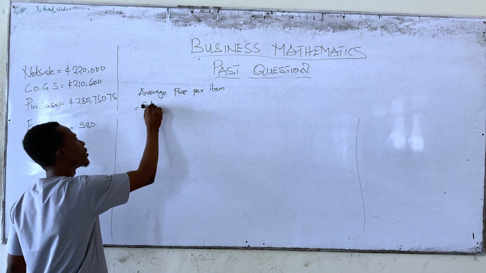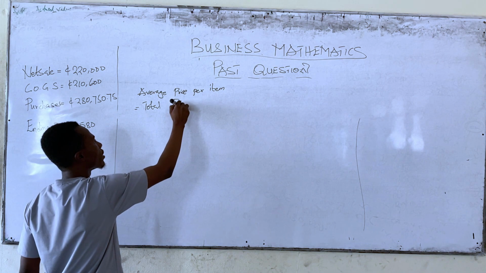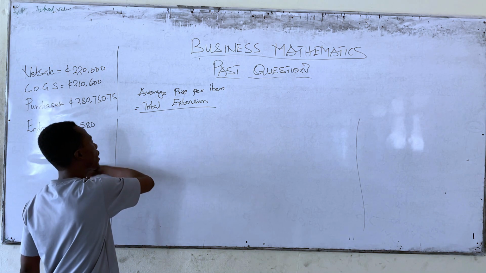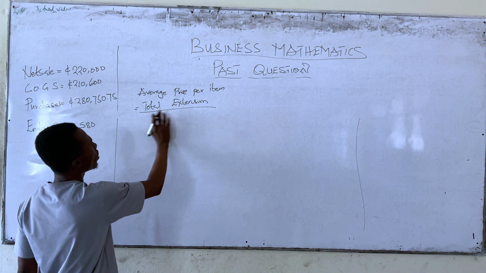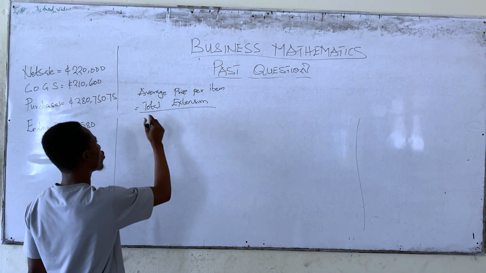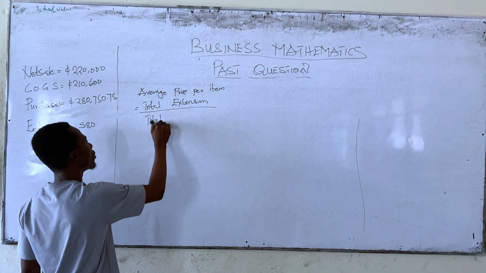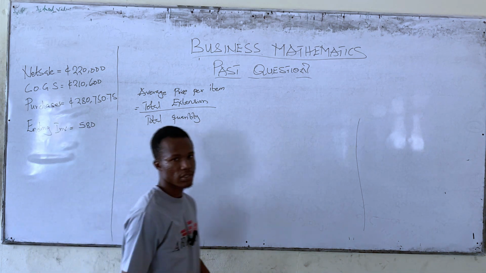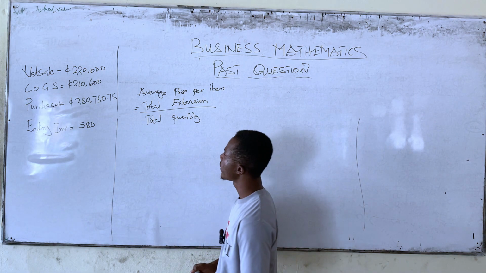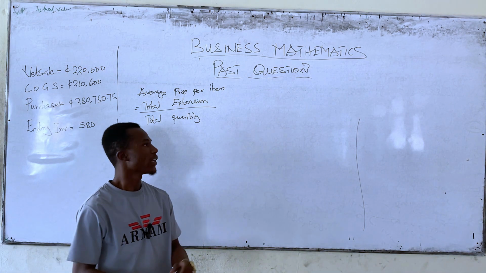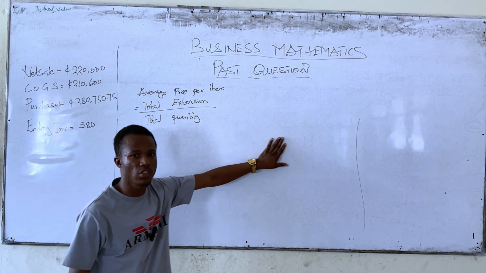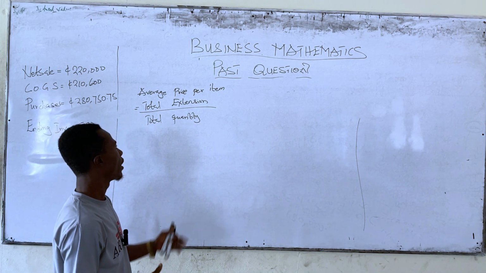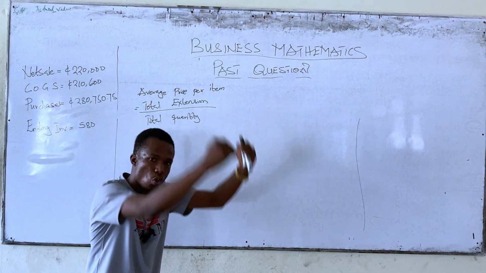Your total extension divided by the total quantity, not the ending inventory, the total quantity, and that one becomes the average price per item. This one we are not going to calculate for any ending inventory or anything. Everything in the table, we want to know the price for just one item. And it's just the total extension over the whole quantity.